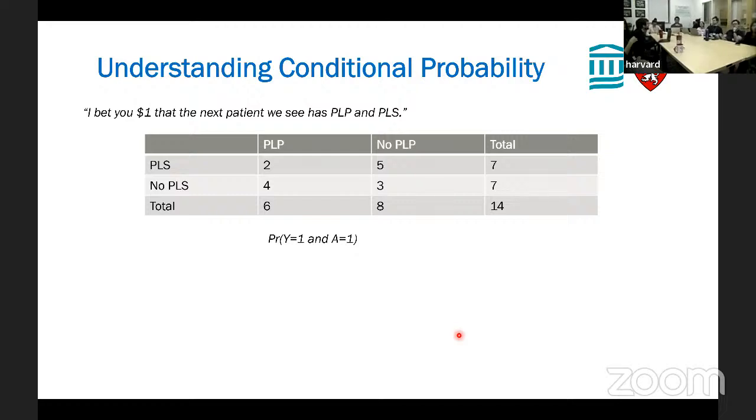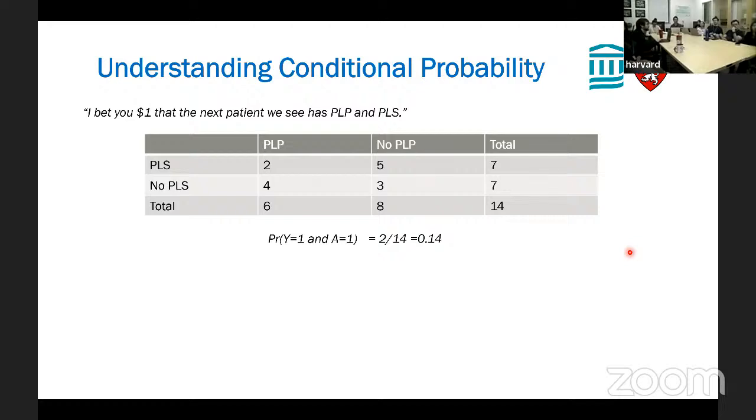So now, what would be the probability based on that table? 2 over 14, 1 over 7. Because we have this initial cell, which is the patients that have PLP and PLS, and the total number, which is 14, right? So then you will have 2 divided by 14, which is 0.14.